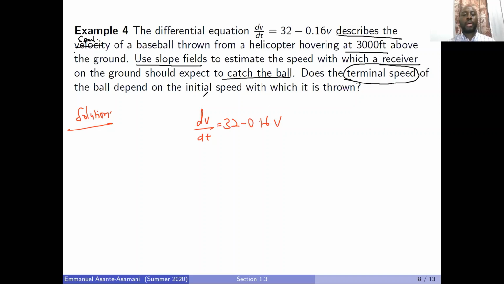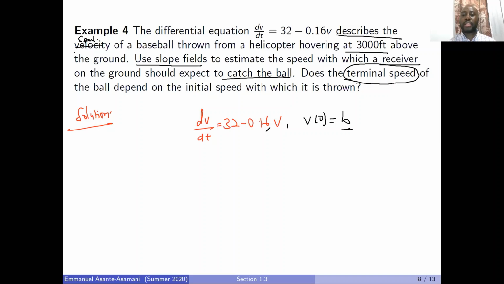And we are leaving the initial condition open. We are assuming that the initial speed is arbitrary. And so we really want to get a sense of how the family of solutions behave. And we want to see, if we change the initial speed, how does it affect the dynamics of the problem?